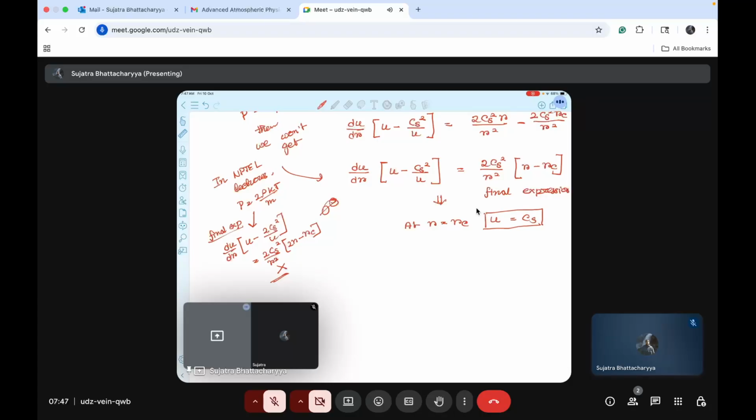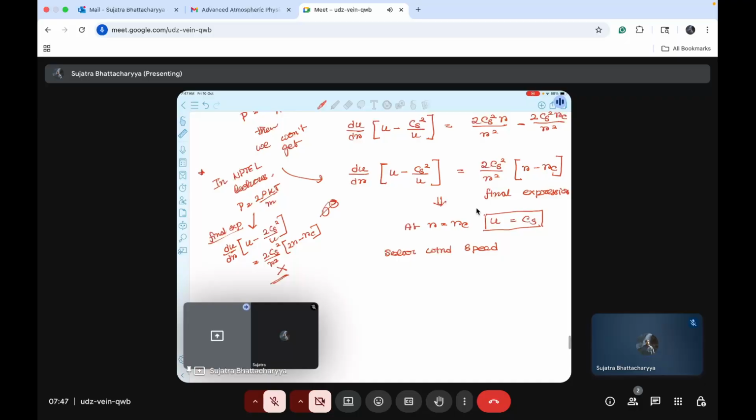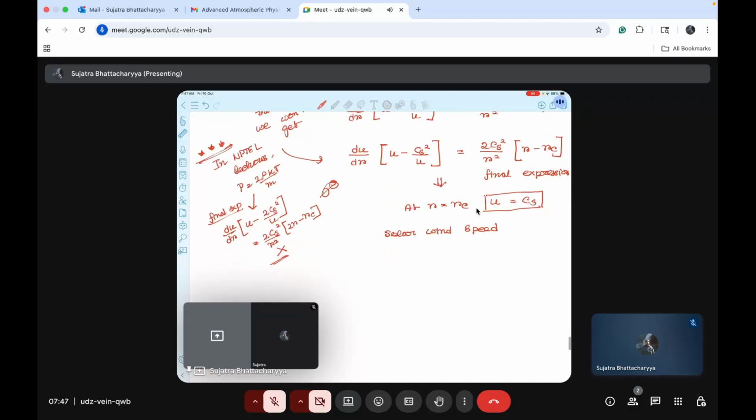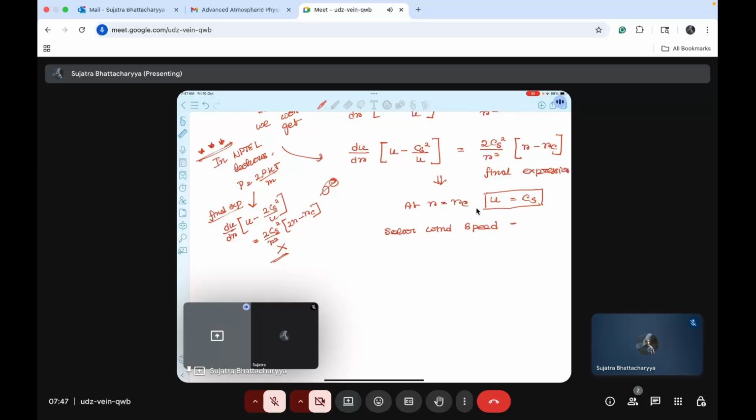The solar wind speed becomes the isothermal speed of sound. So I'll make a star mark here: the solar wind speed becomes equal to cs when r becomes equal to the critical distance.